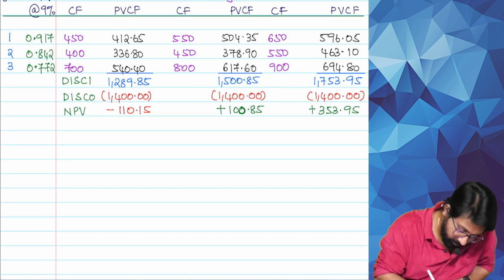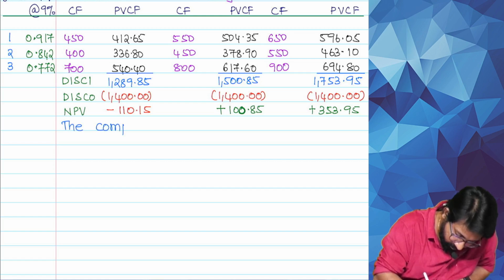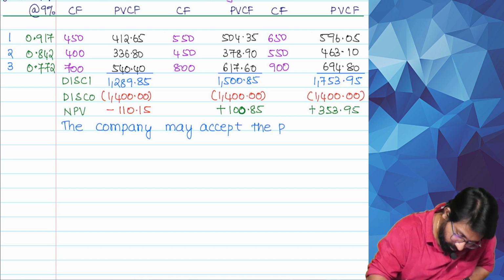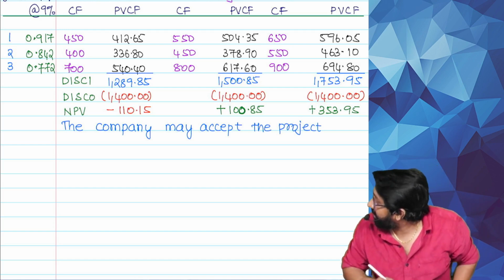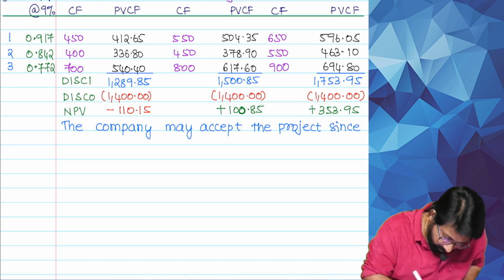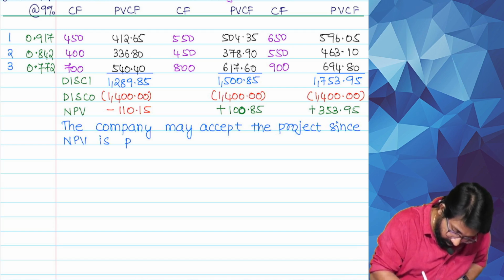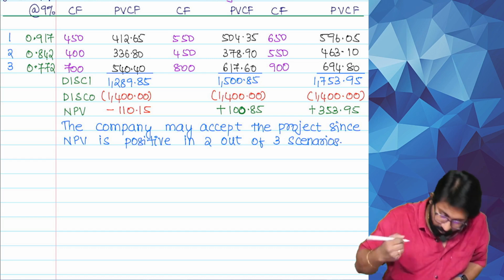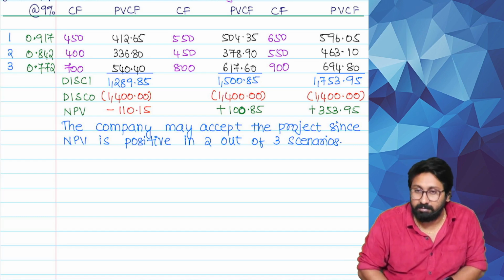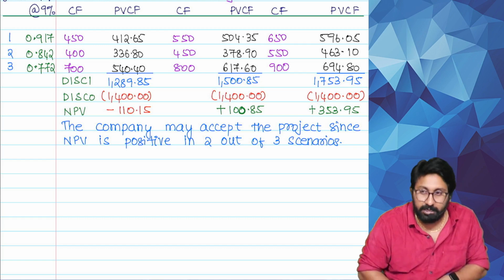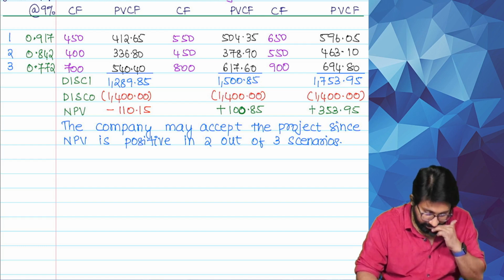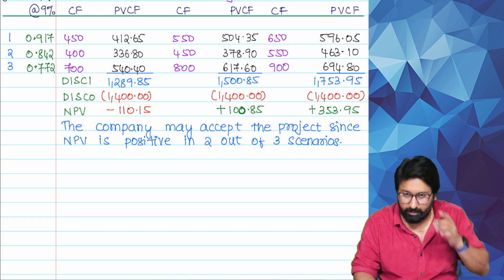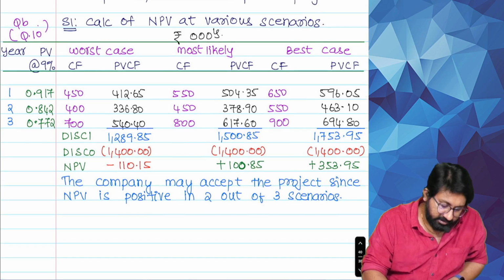Conclusion right now: the company may accept the project since NPV is positive in 2 out of 3 scenarios. Completed.